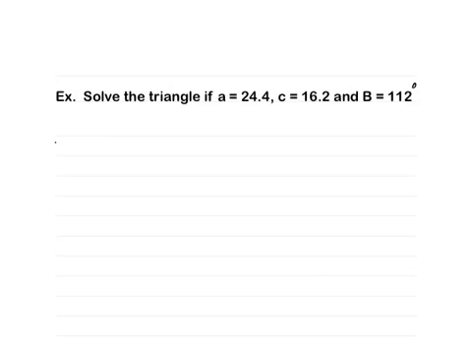Okay, here's an example. I need to solve this triangle. I'm given two sides and an angle. But when I draw this, notice how I have B is 112 degrees, so I'm going to try to get as close as I can to 112 degrees. I don't have the side opposite of B, but I do have this side.